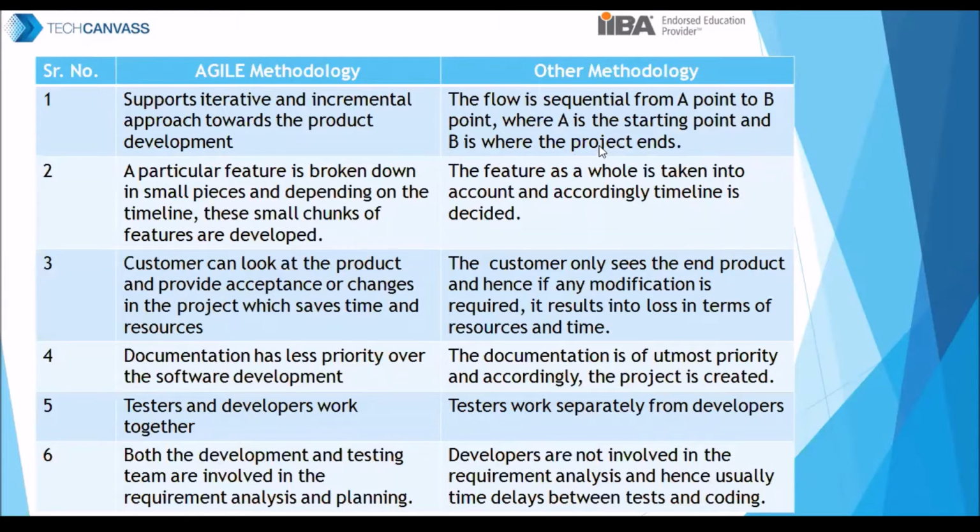So we'll move ahead. So agile methodology, as I have already mentioned, it supports iterative and incremental approach towards the product development. So iterative in the case where we have different features and we are simply going through iterations. It is incremental.